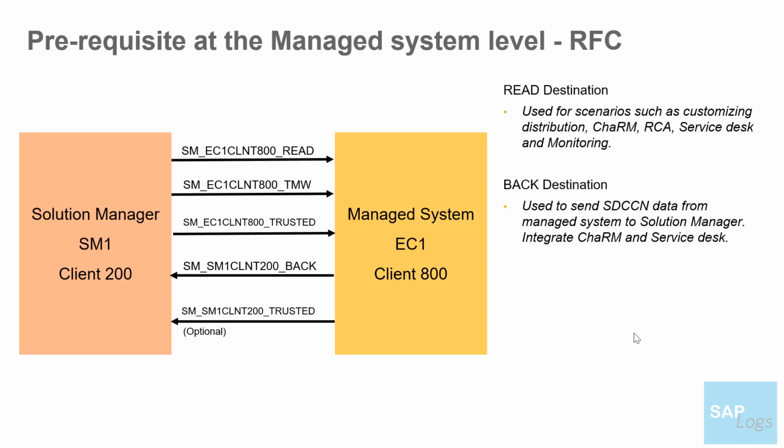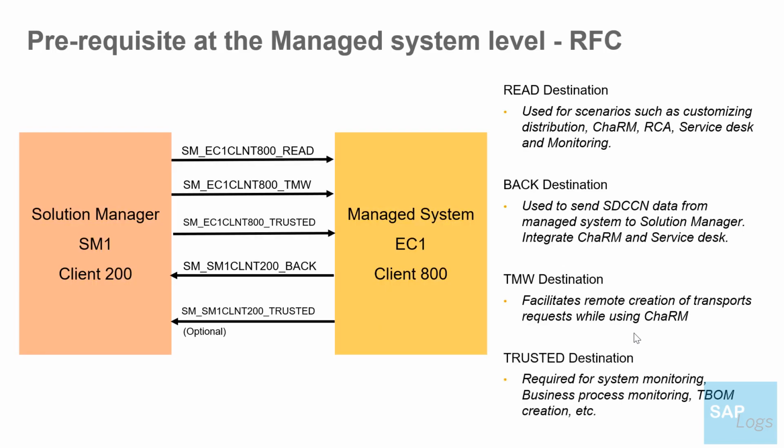Then let's talk about the RFCs. In order for the Solution Manager and the managed system to communicate properly, there are certain RFCs that need to be configured correctly. These RFCs are the read destination, used for customizing distributions such as for ChaRM, root cause analysis, service desk, and monitoring.